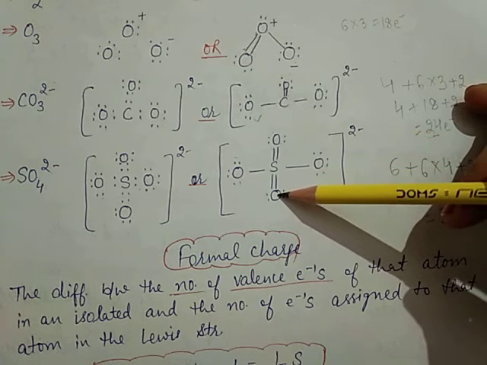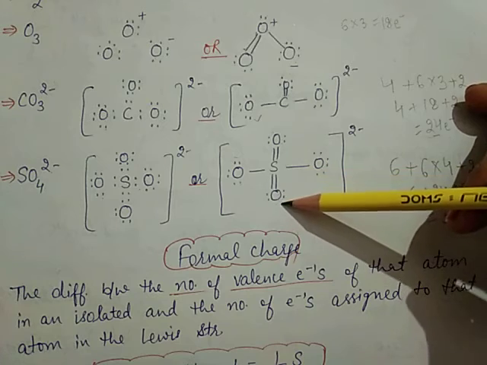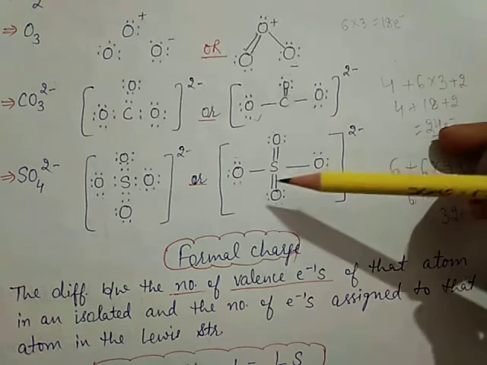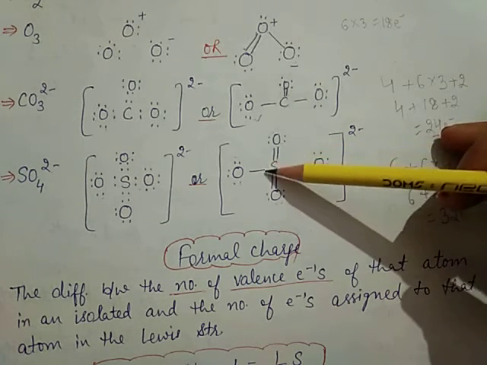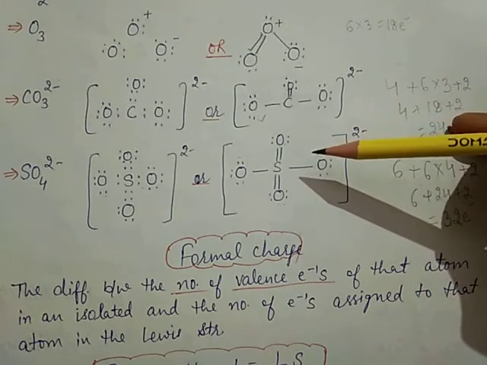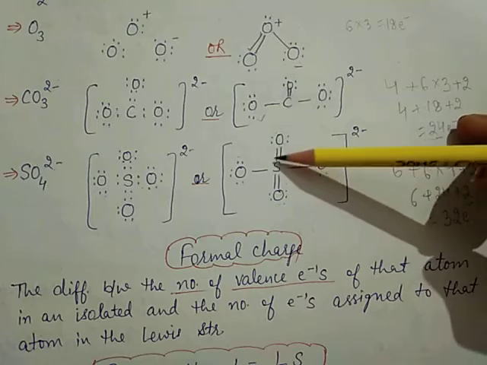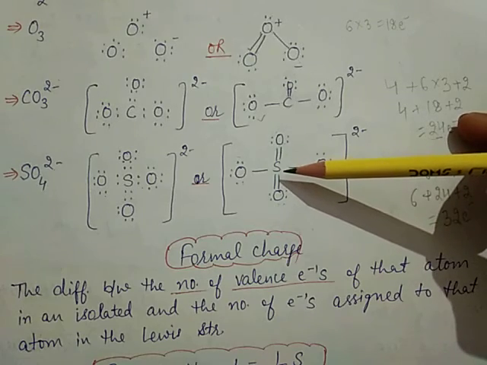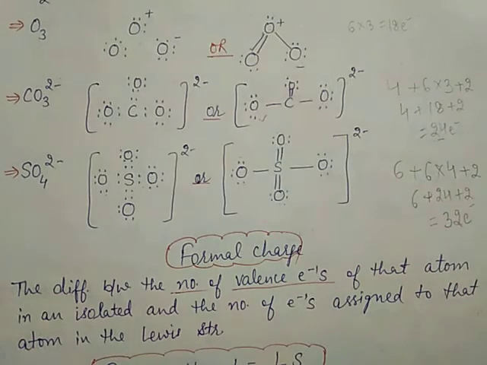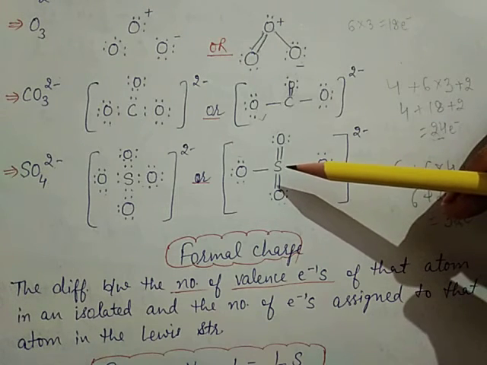In this oxygen atom, there is a single bond, 1 2 3 4 5 6 and 7 8. 2 electrons are present here. In the case of sulfur, 1 2 3 4 5 6 7 8, so 2 electrons are left for completing the octet.